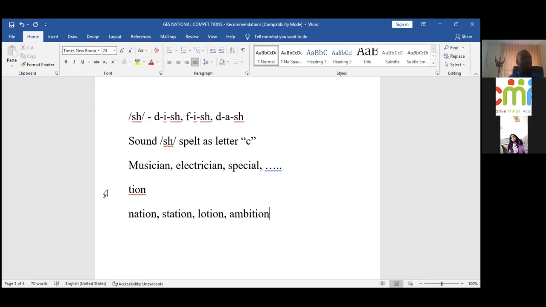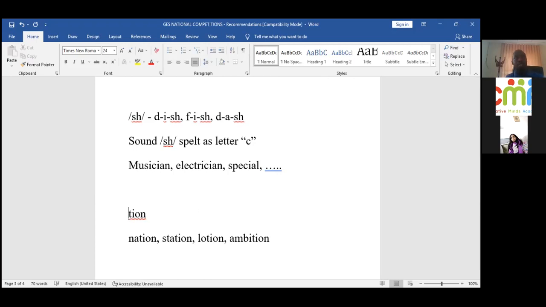There are two ways of teaching this. Sometimes it is a suffix, but in some words, it does not come as a suffix. Therefore, for me, what do I do? A sound, and I'll say sound shown.